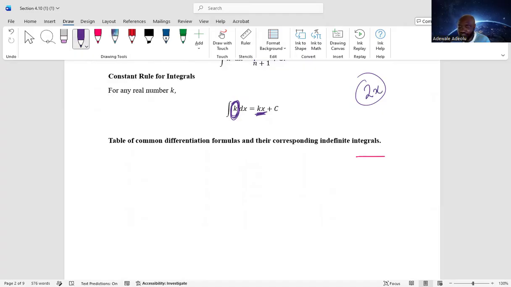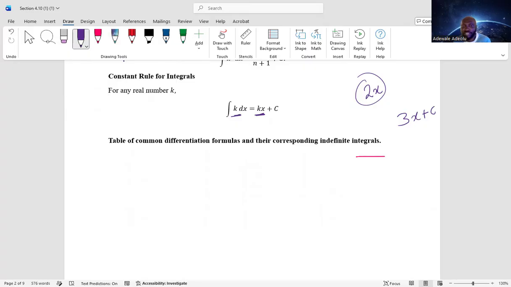If I take the derivative, it is 2. What if I have 3? What is that function such that when I take its derivative, it is just 3? You will tell me it has to be 3x, because the derivative of 3x is 3. So remember, we have to add the constant of integration. That is exactly what is happening here. So we say the antiderivative of a constant function is k multiplied by that variable, kx.